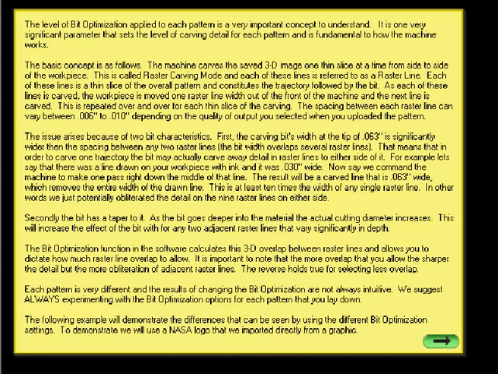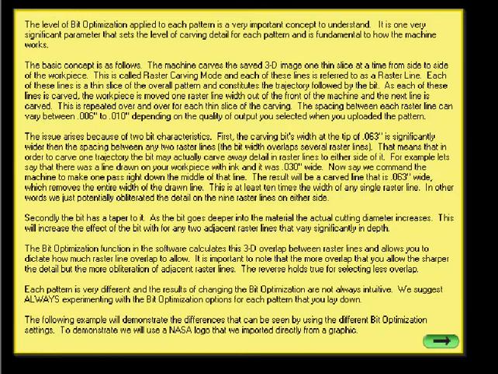That means in order to carve one trajectory, the bit may actually carve away detail in the lines on either side of it. For example, let's say that there was a line drawn on your workpiece with ink, and it was 3/100ths of an inch wide. Now say we command the machine to make one pass right down the middle of that line. The result will be a carved line that is 63/100ths wide, a little more than twice the actual width of the line.